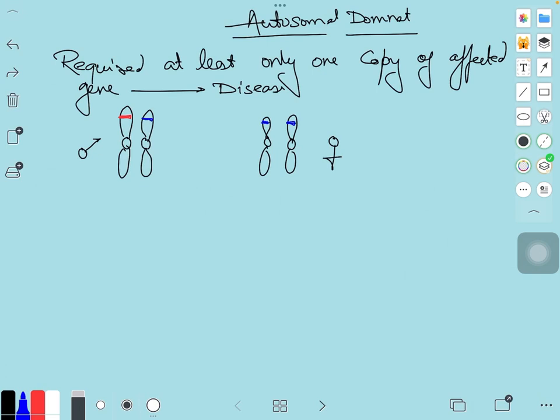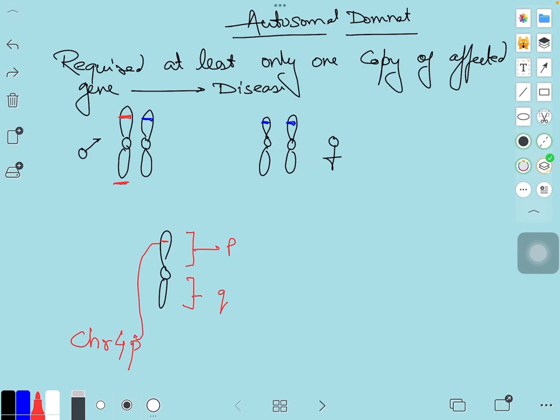One more very, very important thing. For example, this is our chromosome. This part is called P, this part is called Q. Let's say this is chromosome 4, so CHR4. In the above scenario, the disease was in this part, so we'll say CHR4P.